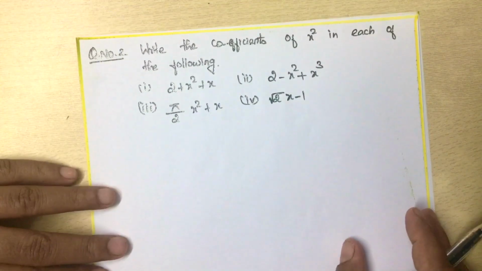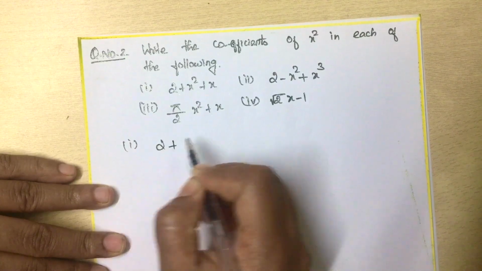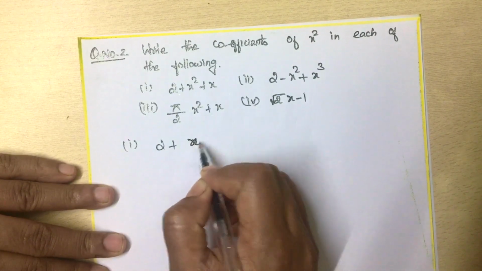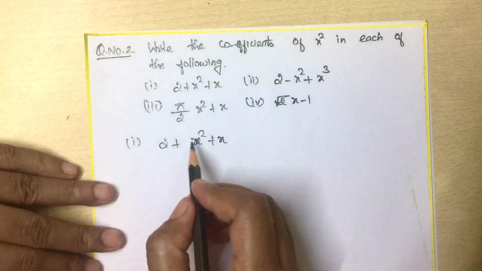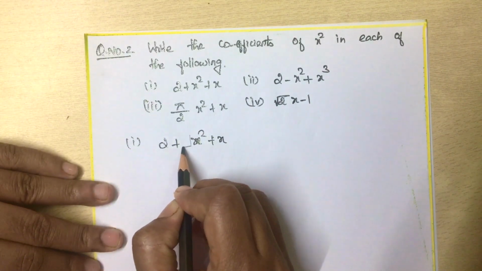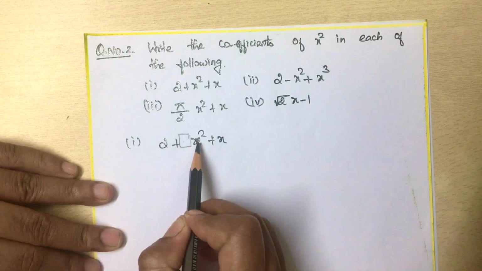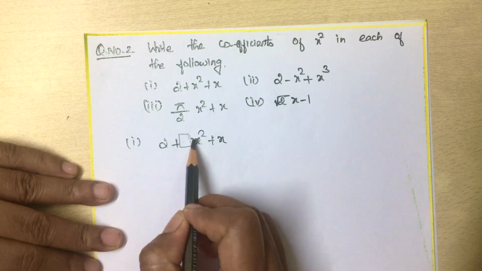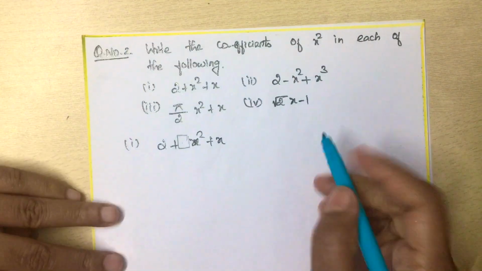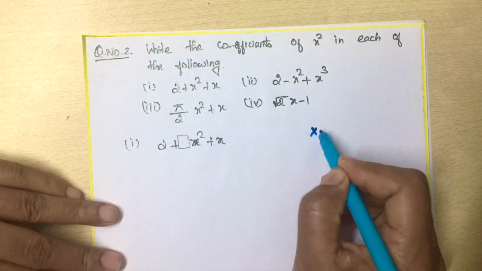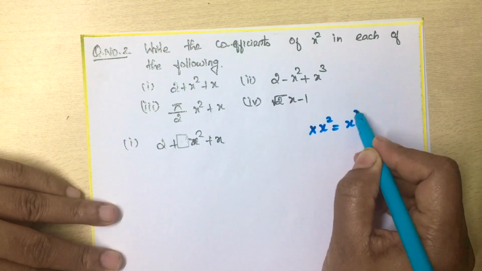Now let us find the coefficient. The first subdivision, which is 2 plus x square plus x. Now here you have to find what is the coefficient. The meaning is what is multiplied with the x square to get the value as x square. Always remember, to multiply something with x square, I have to get the same value as x square.